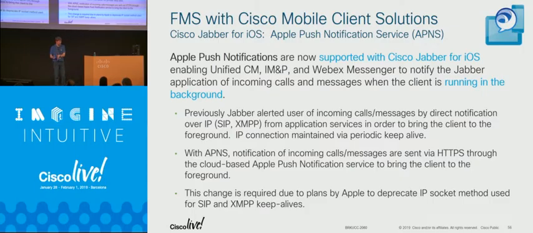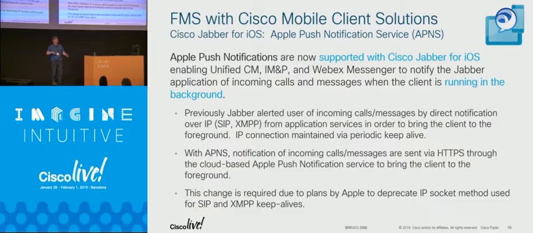But at some point in the future, they are supposed to fully deprecate the IP capability and require us to use Apple push notification. That's why we have to talk about this, and why we recommend to everybody that at some point you're going to need to move over to Apple push notification for your iOS devices, so just be aware of that.